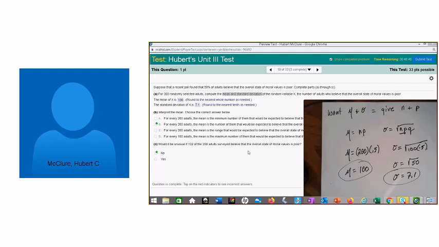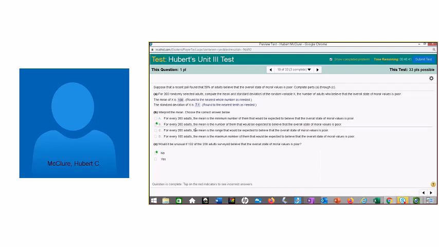And remember, the mean is the number that would be what? Expected. Make sure you remember expected, that the overall state of moral values is poor. When you see expected to believe, mark that out.